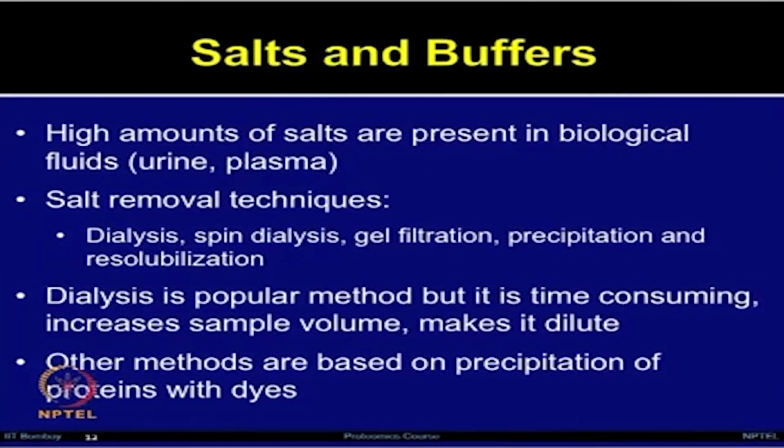Let us first talk about salts and buffers. During your entire processing, you use different types of buffers, and residual buffers are always there which could affect the overall sample preparation. Salt is also present due to the nature of the sample itself. For example, biological fluids such as urine, plasma or serum are already very rich in salt content.